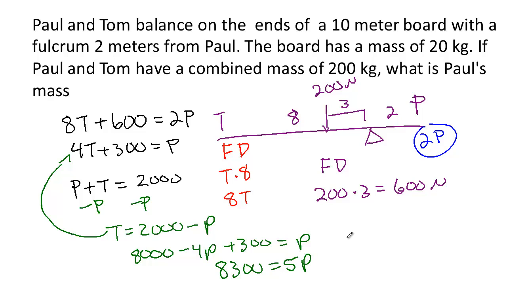Divide both sides by 5 and we get P is equal to 1,660. Now normally we convert kilograms into newtons by multiplying by 10, so in this case we're going to convert from newtons back to kilograms by dividing by 10. Some zeros cancel out and we're left with Paul's mass, or 166 kilograms.